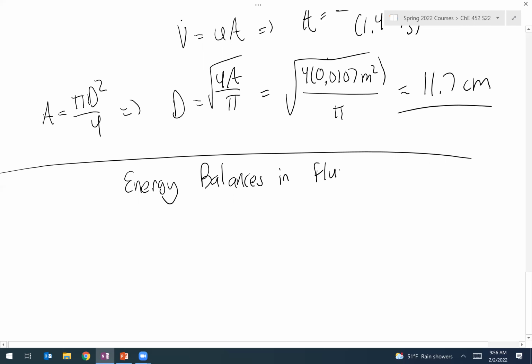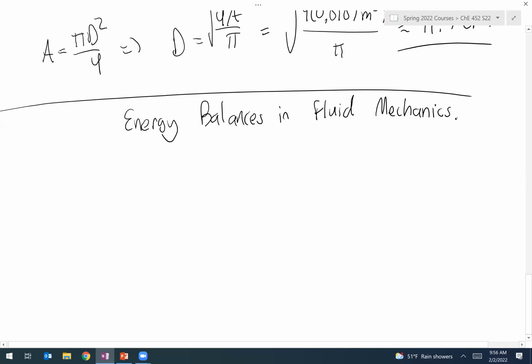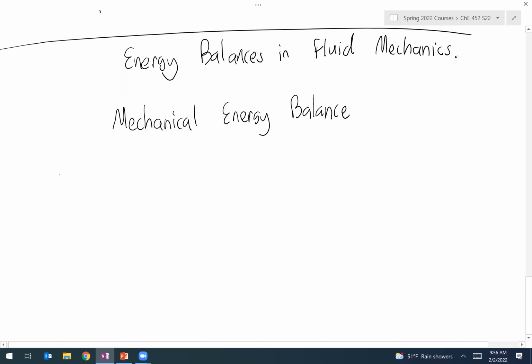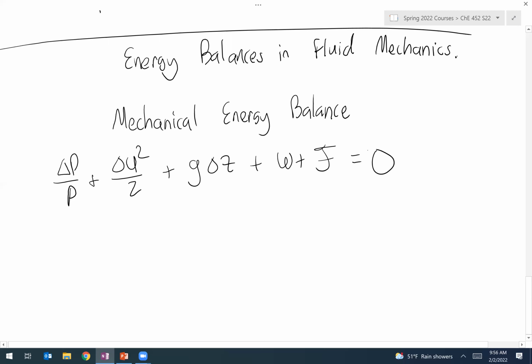In fluid mechanics, the mechanical energy balance, or Bernoulli's equation, is the most important equation to consider, such that we can relate internal energy, kinetic energy, potential energy, as well as any energy inputs to our fluid.